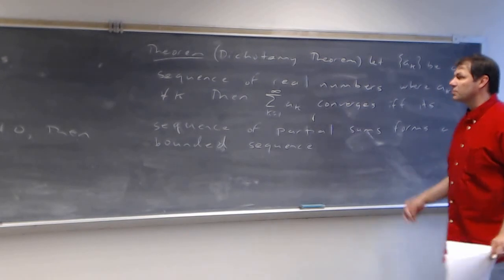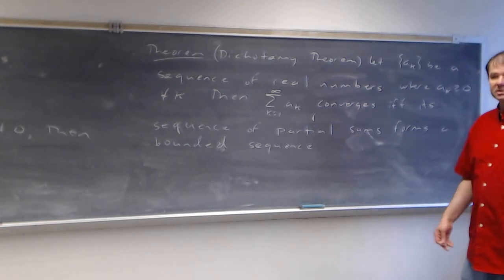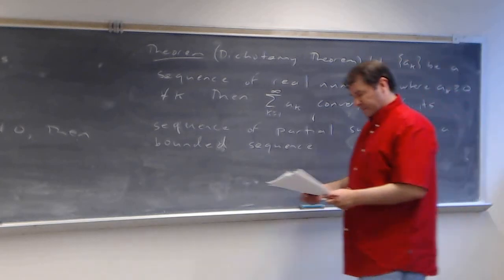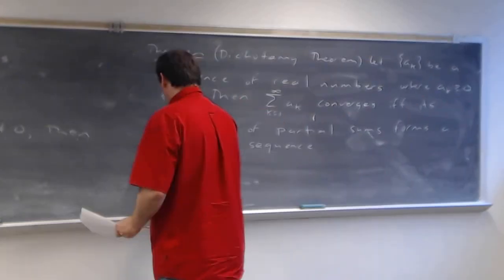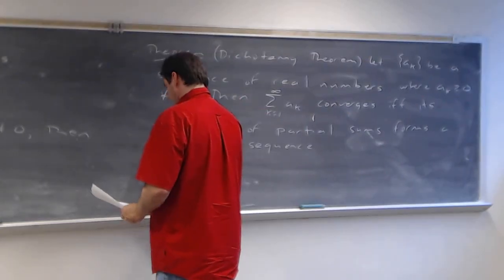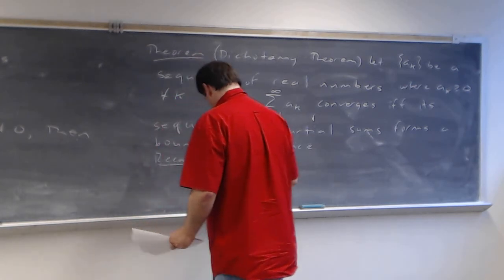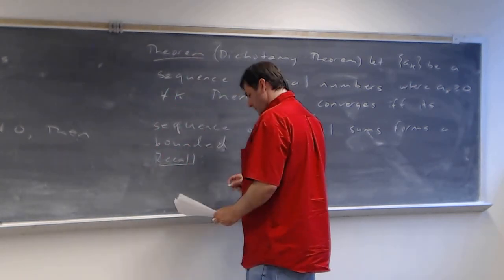And this is really a consequence of the theorem that we saw in the previous term. And that particular theorem we saw in the previous term is the monotone convergence theorem. So let me write this down before I write down the proof of the dichotomy theorem.